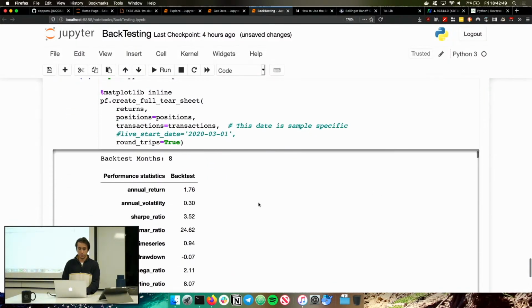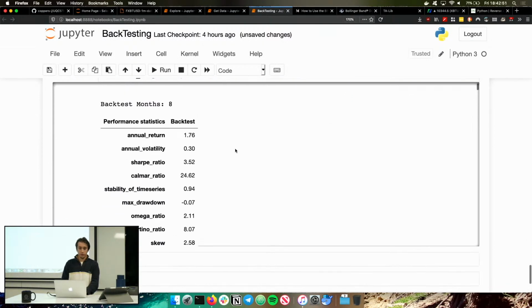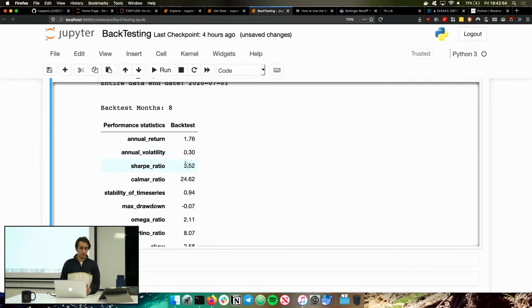So let's have a look at some summary metrics. Sharpe ratio. This is generally what we'd use to judge a strategy. But Sharpe ratio as a single metric is not as good as Sharpe ratio over time. It's our risk-adjusted returns, so how much money we made compared to how much risk we exposed ourselves to.